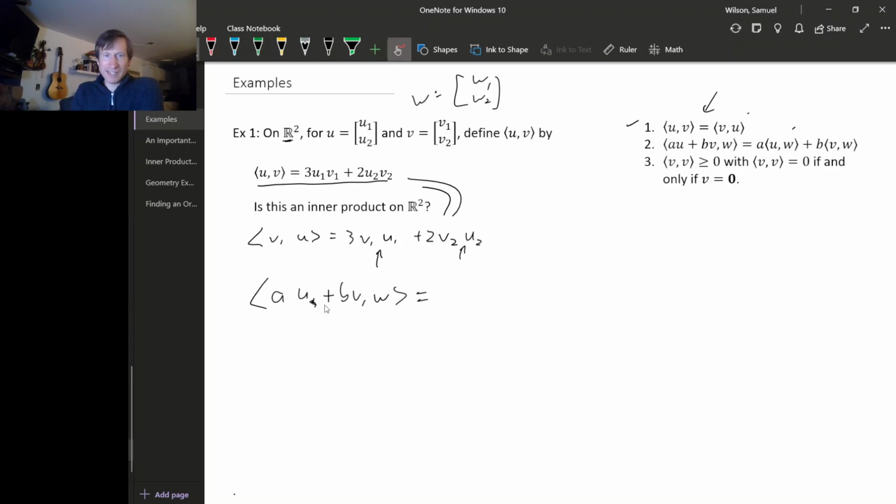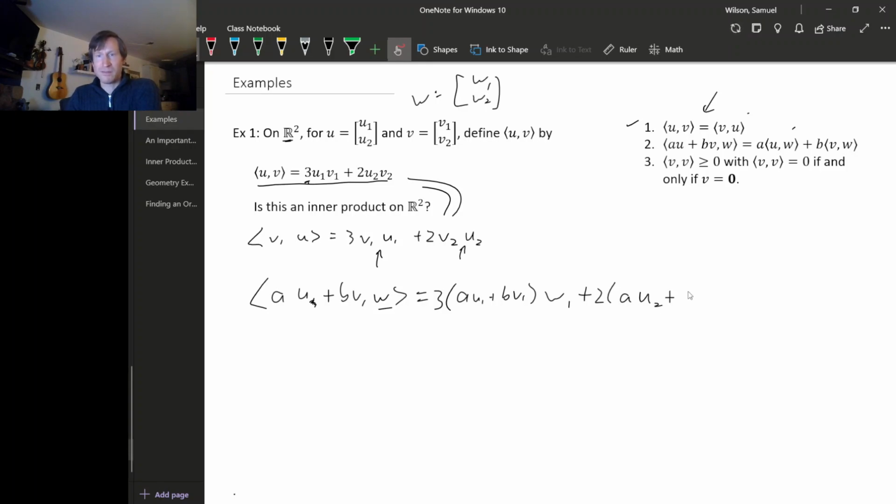If we actually calculate the entries of au plus bv, the first entry is au1 plus bv1, and then multiply that by the first entry of the other part of this product, w1, plus, and then for the second components, we get, oh, I'm missing a 3 here. I need a 3 out front because that's the definition of this product. And then I need a 2 here.